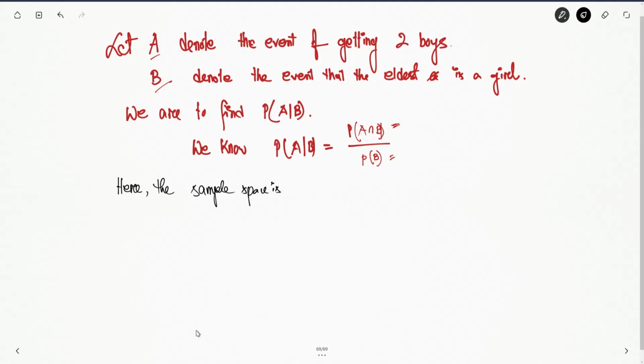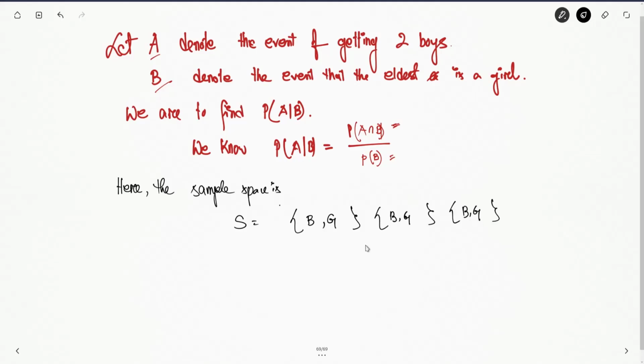Now in this type of question the way we write the sample space is: we have 3 children, right, and each of them has the possibility of either being a boy or girl, boy or girl, boy or girl.